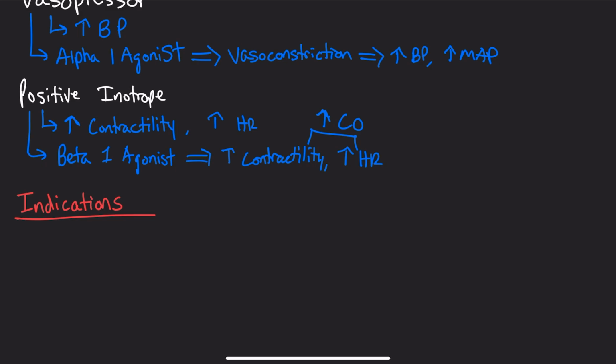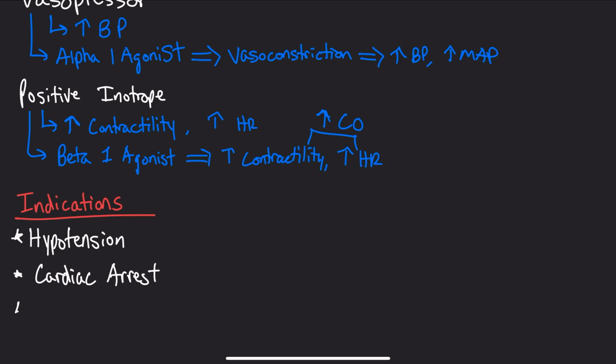Common indications are things like hypotension. Remember, we talked about how it uses the alpha 1 agonist to increase blood pressure to correct that. It's also part of the ACLS algorithm, so you'll see it in cardiac arrest, where vasoconstriction helps get perfusion back to your organs.